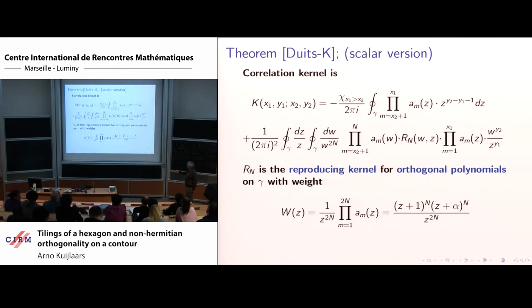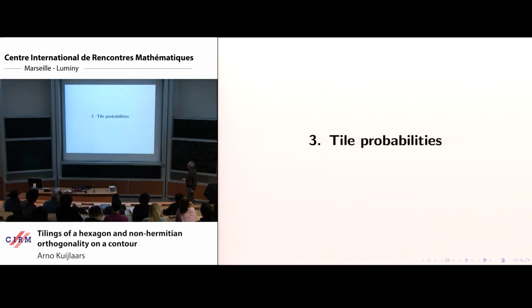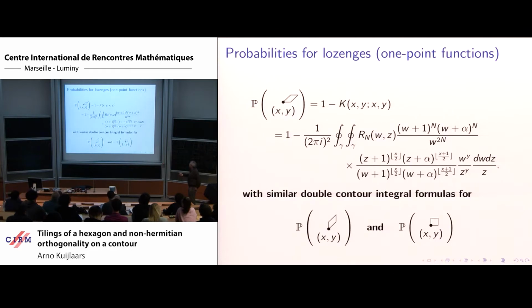We analyze these orthogonal polynomials on this contour, and see how that works out for the reproducing kernel, and then we should do a steepest descent analysis of this double contour integral, which is the main character in the formula.